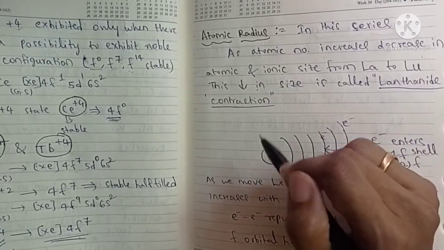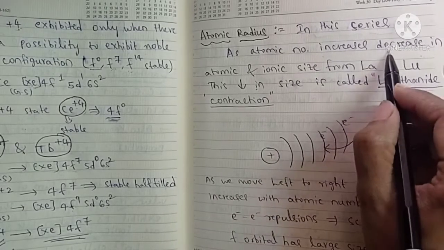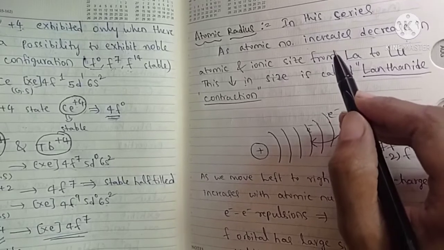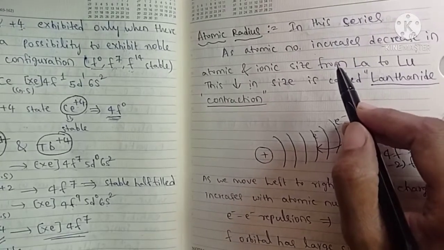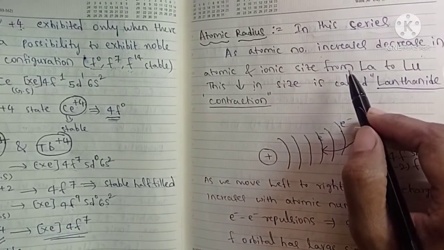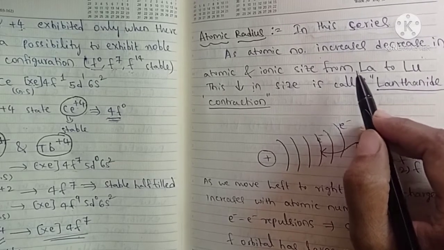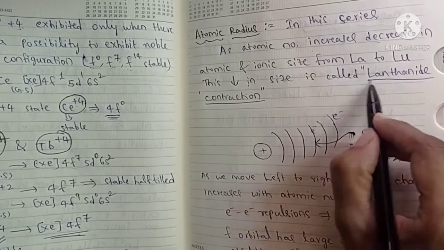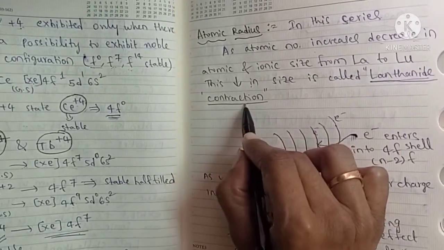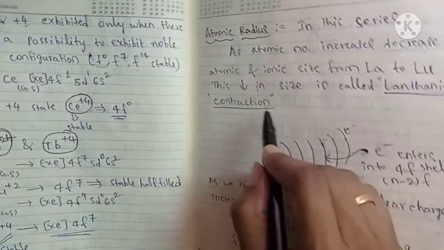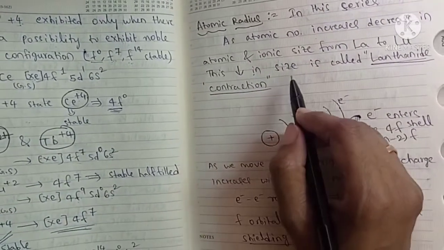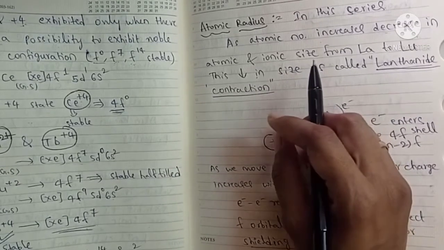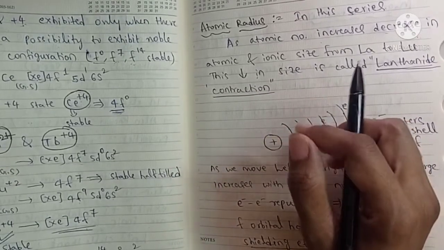This you know, in periods generally the atomic radius and ionic radius decrease, but this decrease is very less for the 4f series and 5f series elements. This is due to lanthanide contraction.